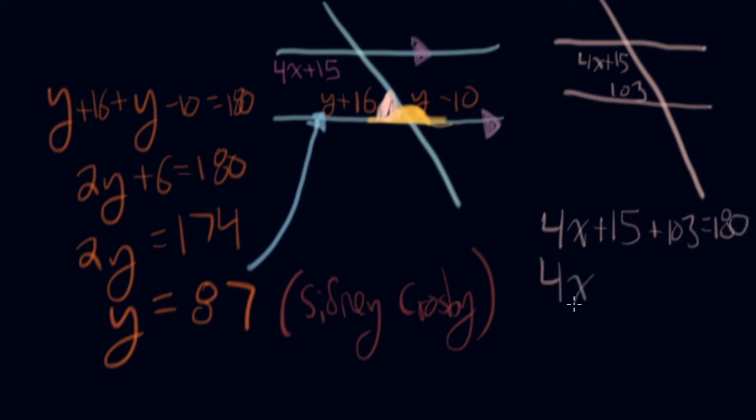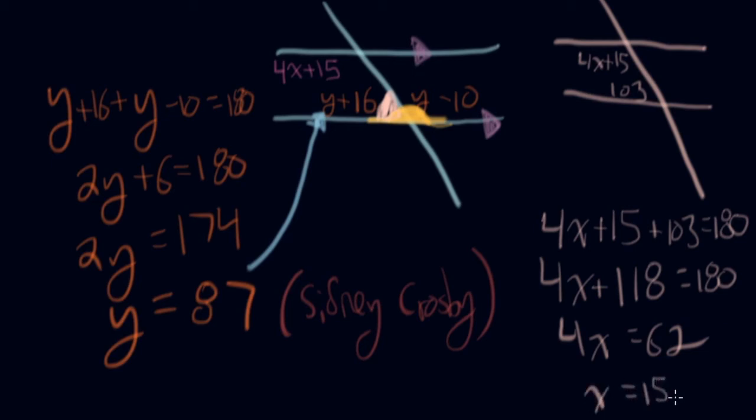So I do my math and I get 4x plus 118 equals 180. I subtract 118 from both sides and I get 62. So 4x equals 62, and I divide that by 4 to get 15.5. So x is 15.5. I've solved for y and I've solved for x.